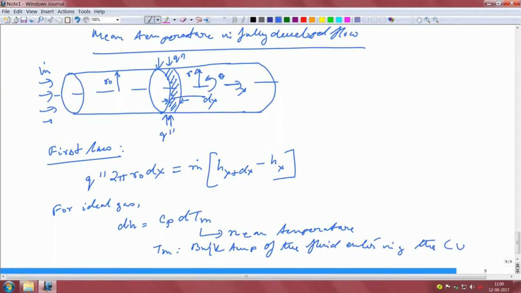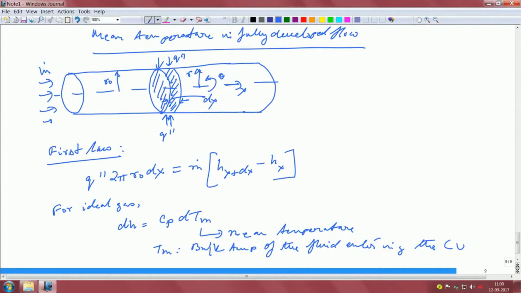This is a control volume, so the bulk temperature of the fluid that is entering into the control volume is given by Tm, okay. So whatever may be the temperature distribution of the fluid doesn't matter, it is the average temperature at that particular section. In this particular section, whatever was the average temperature, that is what we have taken, okay.